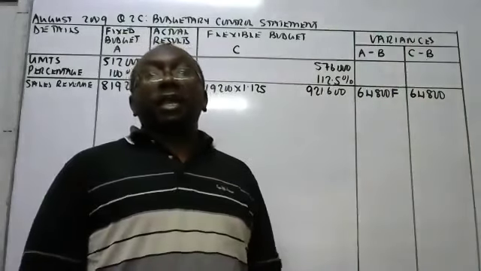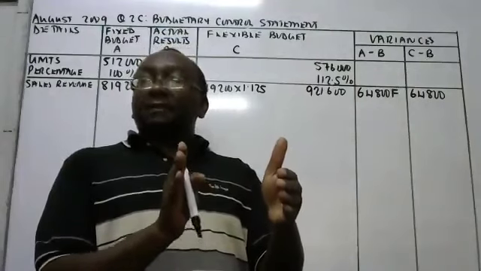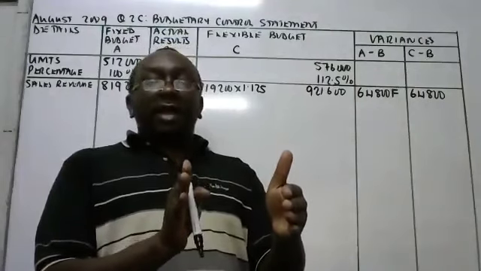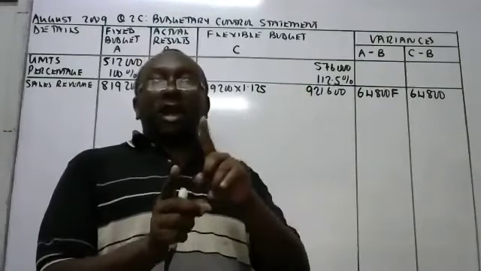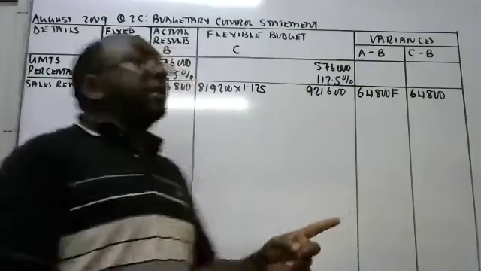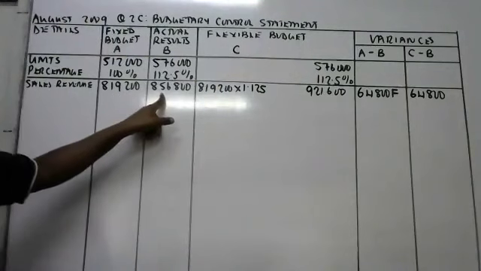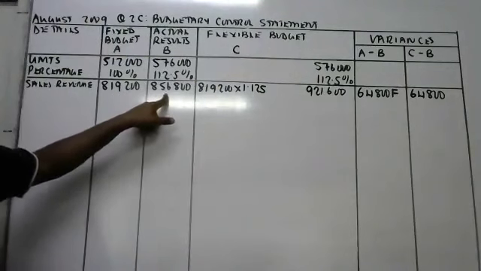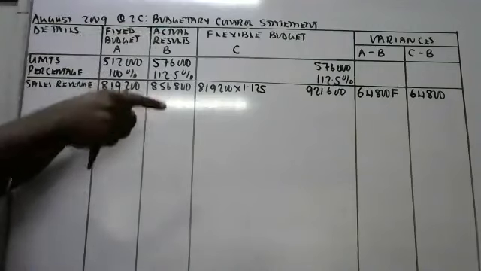Yes. The issue is the difference. Then you look at the one that I'm comparing, is it bigger or smaller? Is it good or bad? Like now here we are comparing this one and this one. The actual is more. When you get more revenue than what you thought you would get, is that good or bad?